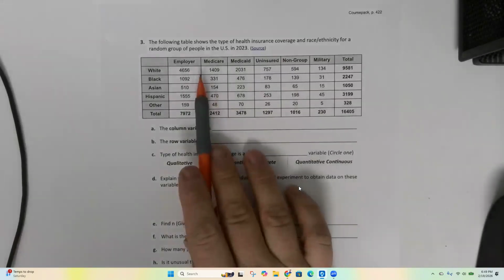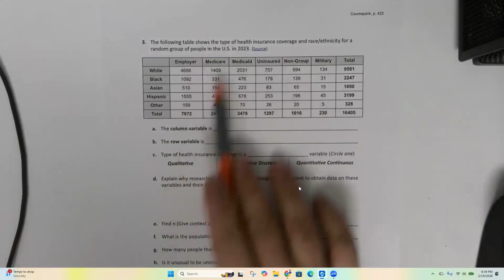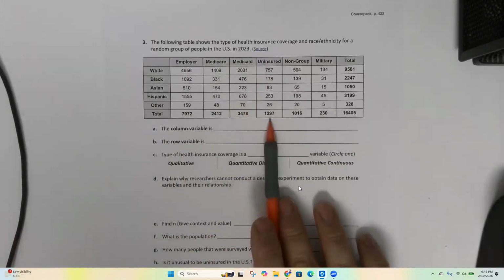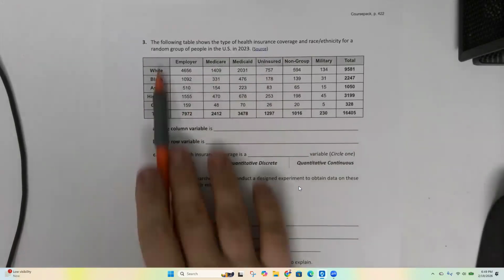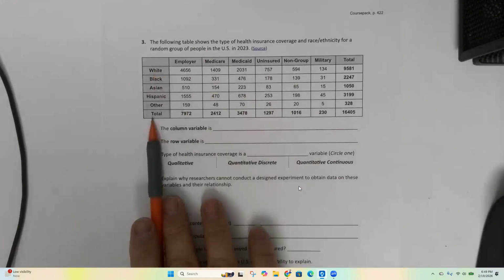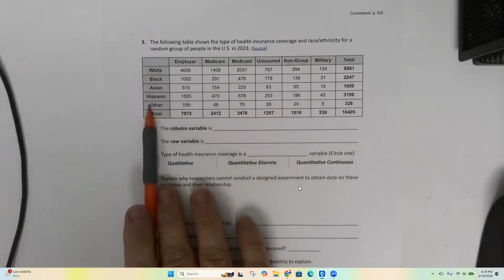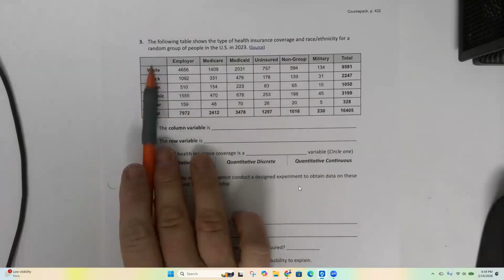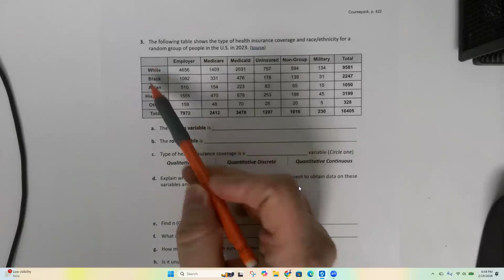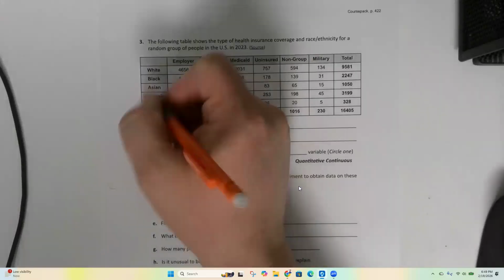So Nathan says insurance. So each column is an insurance, okay? But our column variable is here, it's this column. Is that right? Does that sound right, Cindy? The column is our race ethnicities. Yes?